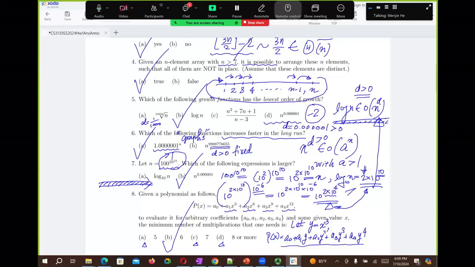When you see this form, we know the fastest way, because all the coefficients could be arbitrary, is Horner's rule. In this case, with Horner's rule, we just need 4 multiplications. So then, to get y, you need 2 multiplications, right?